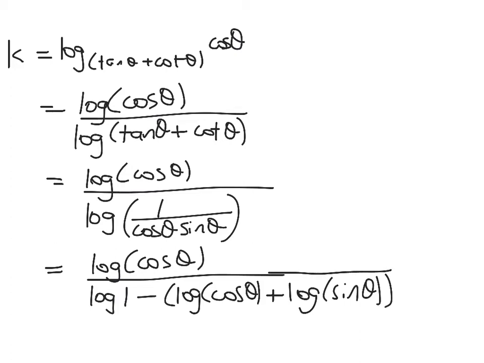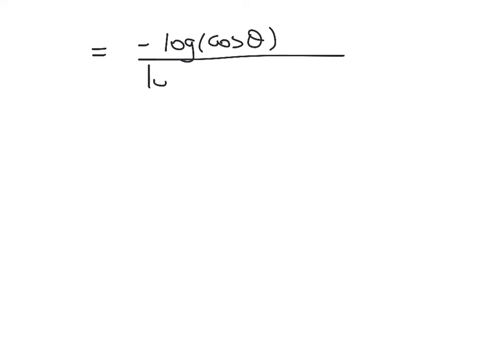I'm assuming if you're watching this video that you've got a very good handle on those rules. Okay, so now we're going to simplify that next. So that equals negative log of cos theta over the log of cos theta plus the log of sine theta.